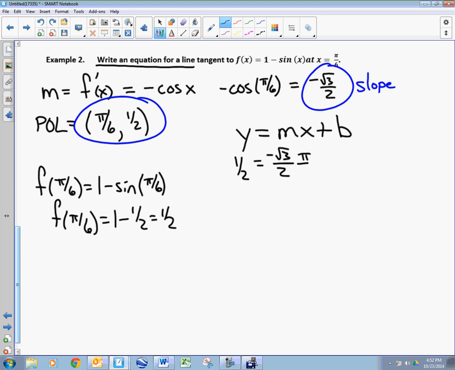X is pi over 6. Because I don't like the decimals, I'm simply going to use just the crazy numbers as they work out. I'm not going to convert everything to decimals here. So it looks like I have 1/2 is equal to negative pi roots of 3 over 12 plus b.